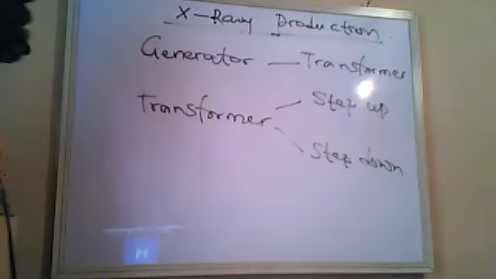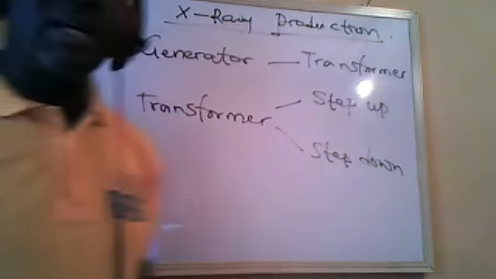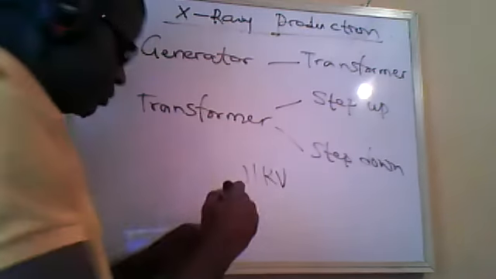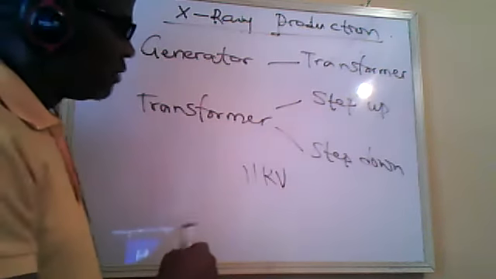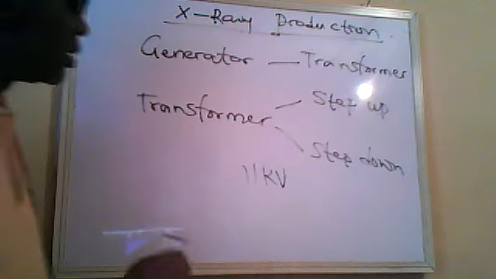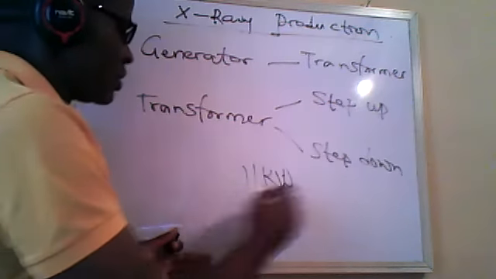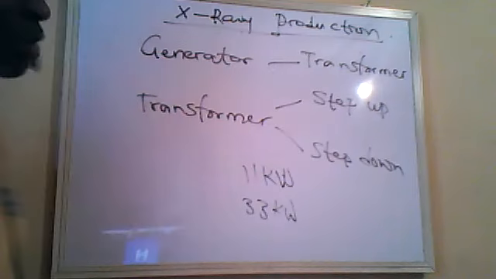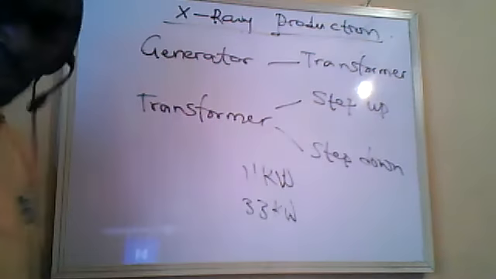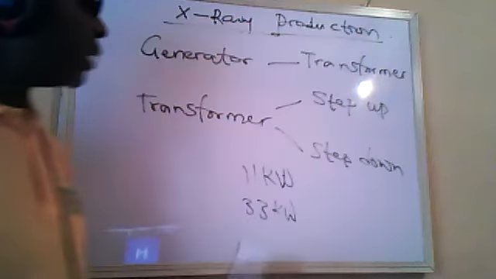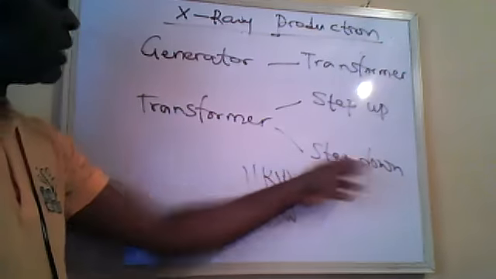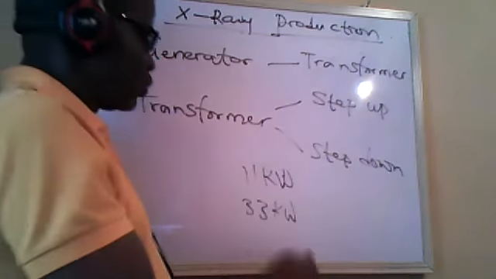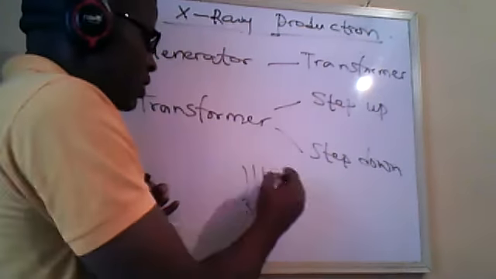You might be using 11 kV or 33 kV. They come with so many names, this one is federal, this one is something else. So this step down transformer steps down this energy to this level of kilovolts.